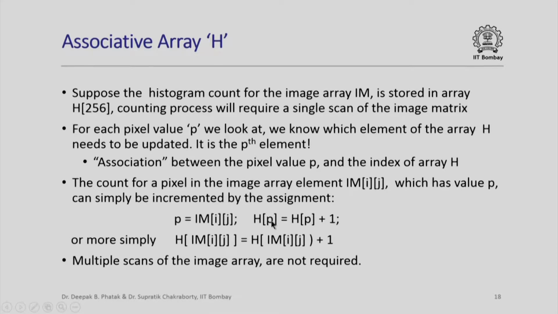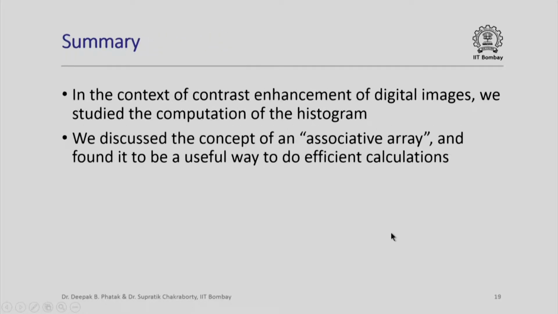Or more simply, we can use IM[i][j] as the index of H and update it by 1. Please note that multiple scans of the image array are completely avoided. In a single scan, I can update all the histogram counts. This indeed is the advantage of using such an associative array.